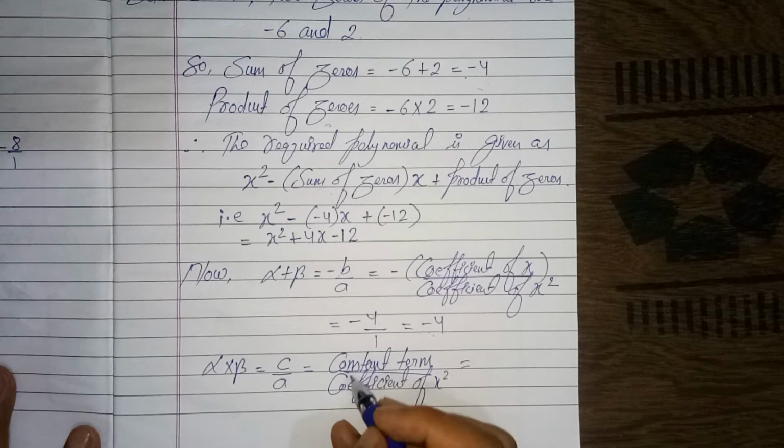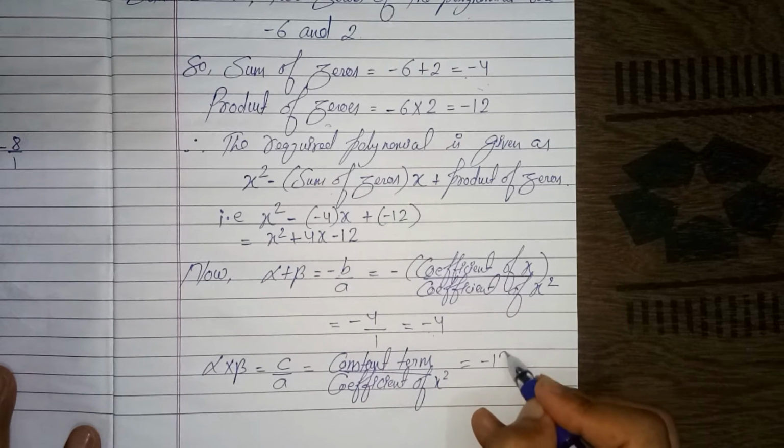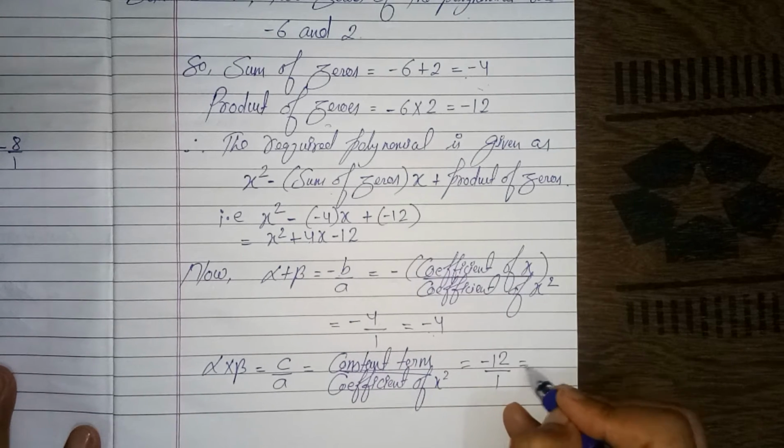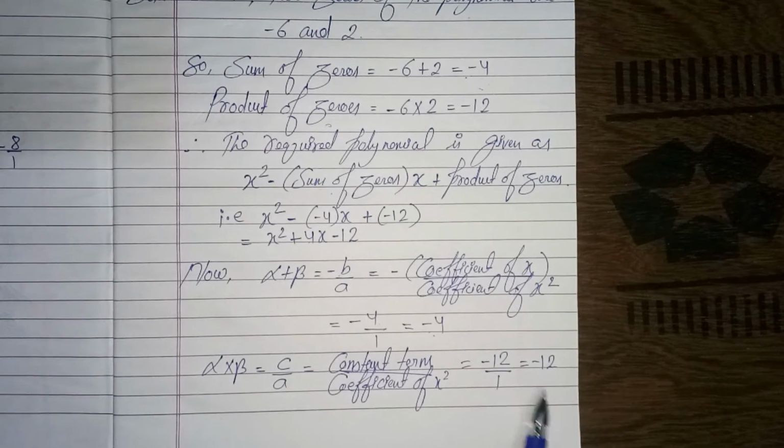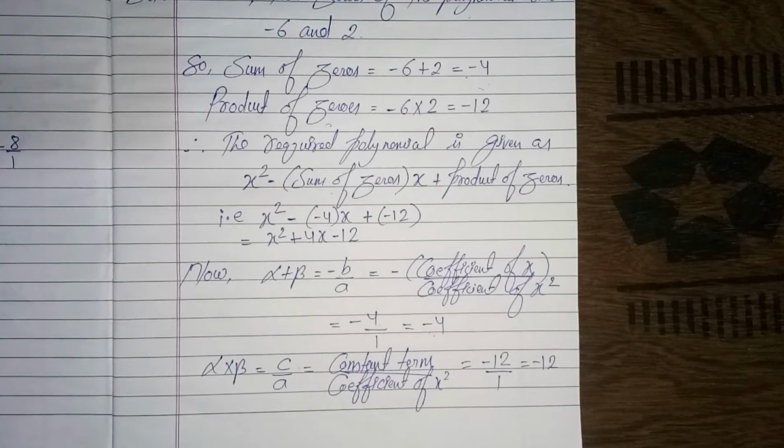So this is simply equals to constant term is minus 12 and a is 1, so this is equals to minus 12. Okay, now you can see that the product of zero is minus 12, as you can see. Okay, that means we have also did the verification.